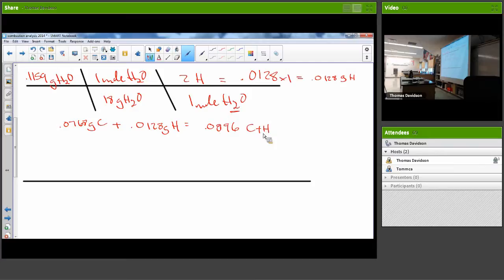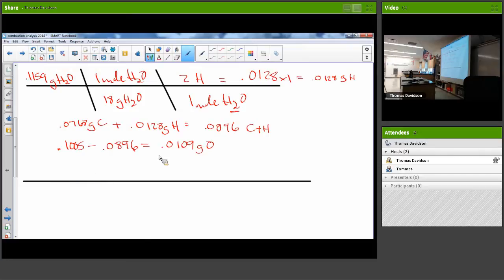So now I take my original mass, which is 0.1005, and I subtract this total mass, 0.0896, and I get a value of 0.01 something, 09, and that's my grams of oxygen.